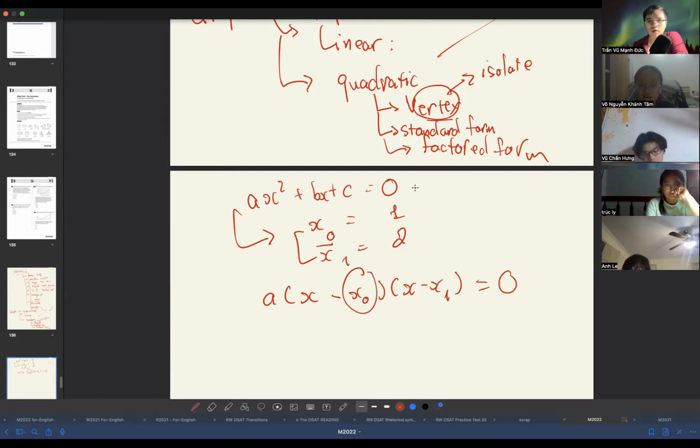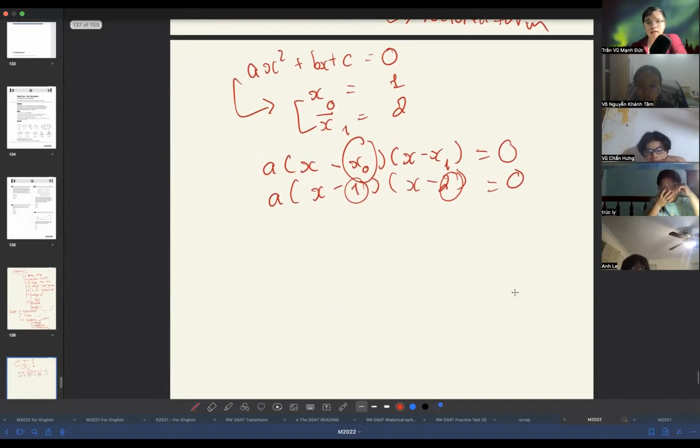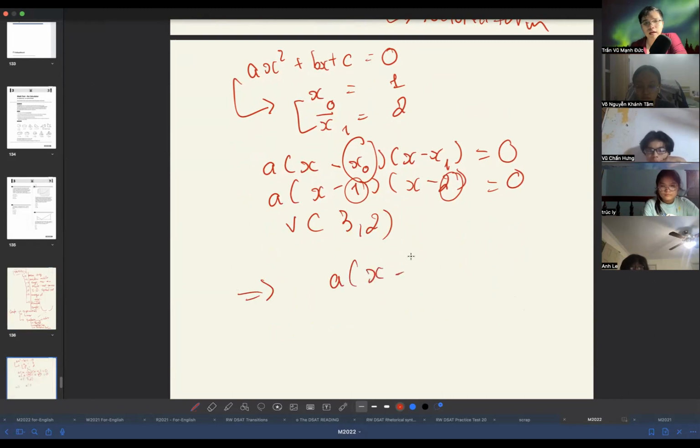For example, the factored form is trying to make clear the solutions x0 and x1, so it would be brought to a(x minus 1)(x minus 2). You can see that there are two solutions here. That's why it's called the factored form, equals 0. And if you have a vertex, say 3, 2, you are going to have to turn it into a(x minus h) squared plus k.